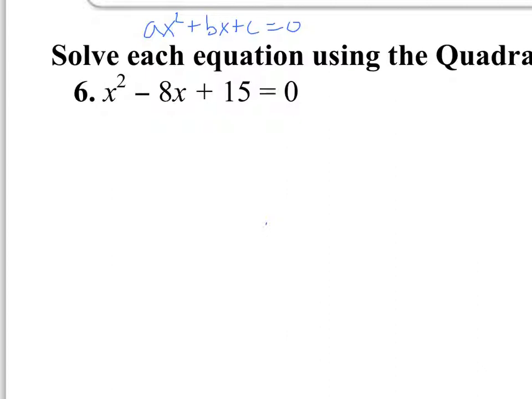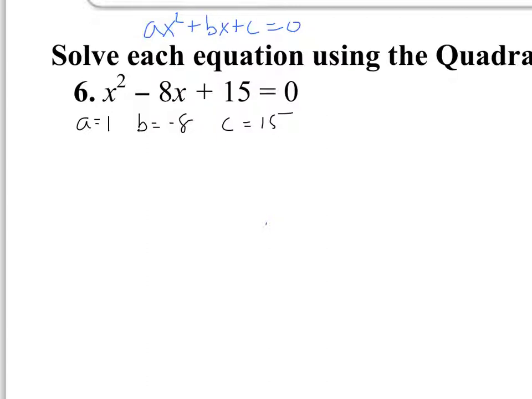So, are we in standard form? Yes. So now we can identify a, b, and c. What's a? 1. What's b? Negative 8. What's c? 15.